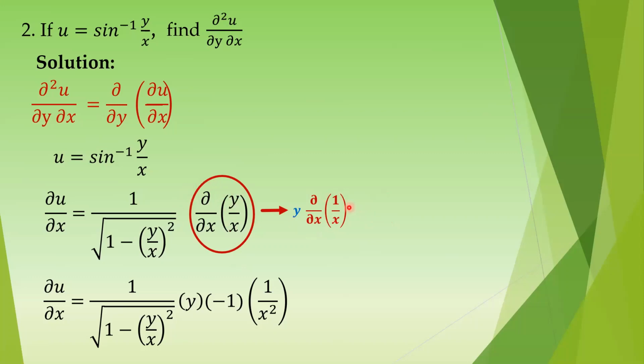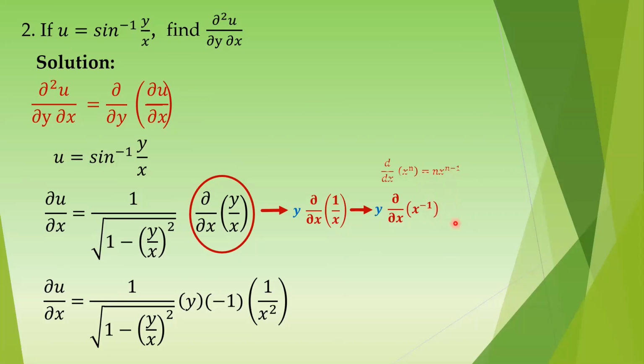Again, para magamit mo yung formula ng power x raised to n, iaangat mo siya sa numerator. Magiging x raised to negative 1, ganun pa rin siya. And we're going to apply the formula: derivative of x raised to n equals n times x raised to n minus 1.